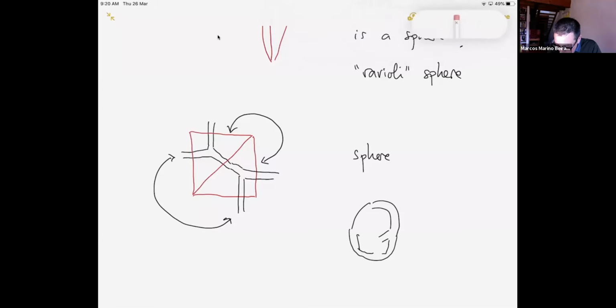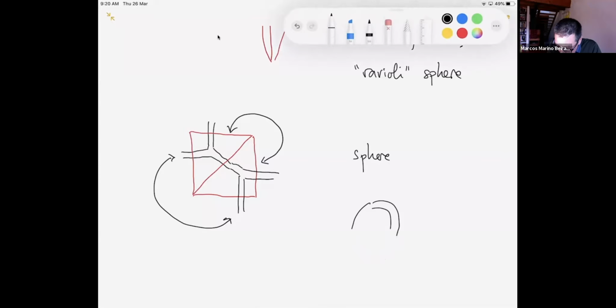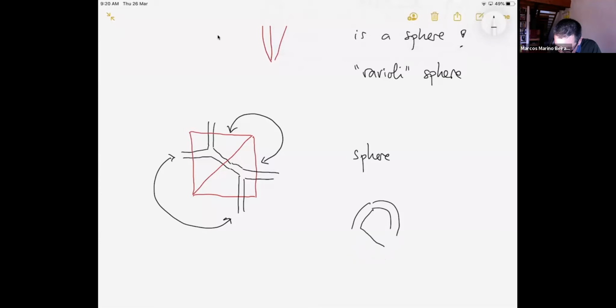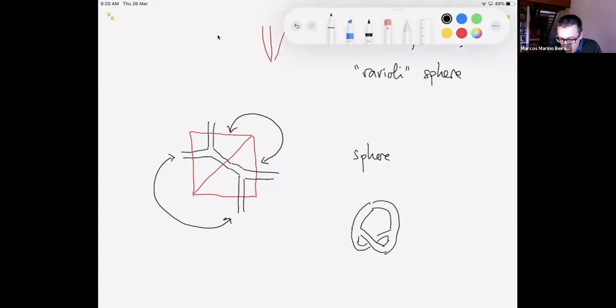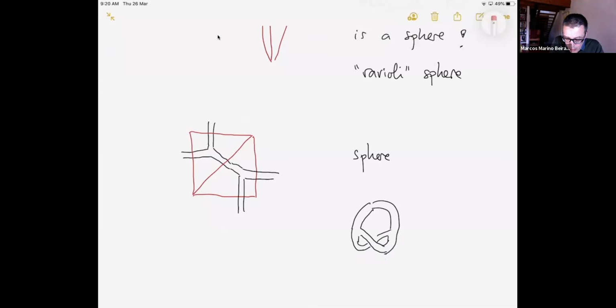It's always tricky to draw this diagram. So there was this diagram. So you can see that if we think about this diagram in this way, now we have to do the identifications in a twisted way. So we have to glue this guy to this guy. Let me write it.